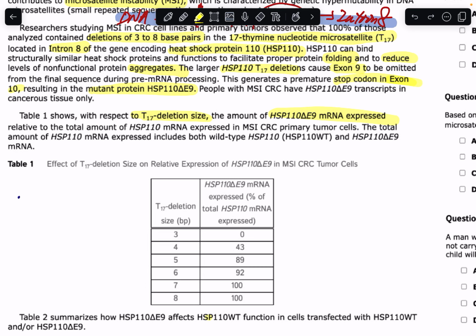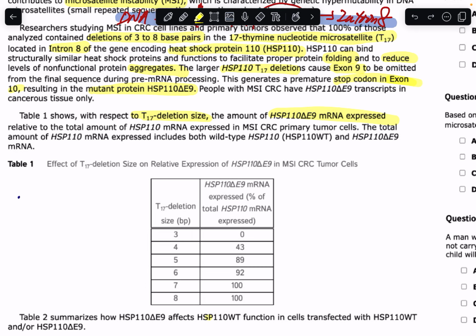The total amount of HSP110 mRNA expressed includes both wild-type HSP110, WT is wild type, right, and HSP110 delta E9 mRNA, okay? It's always a good habit to just finish reading the paragraph. I'm not encouraging you not to finish reading, okay?